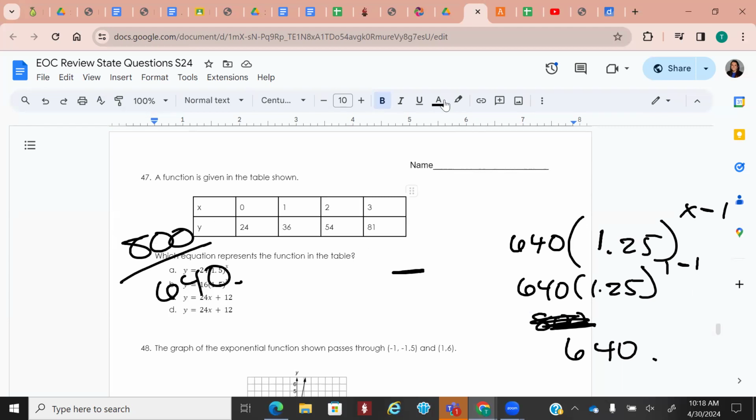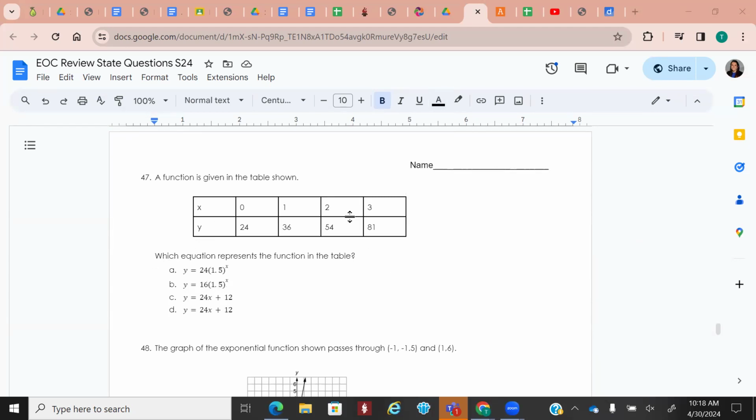All right, on the next one, it says a function is given in this table. Which equation represents the function in the table? So when you have these, you're going to take the number 0, you're going to plug it in for all 4 of these equations, and you're going to see if you get 24. And then if that works, then you're going to plug in 1, and you're going to see if you get 36. And you're trying to find which one works for this table.